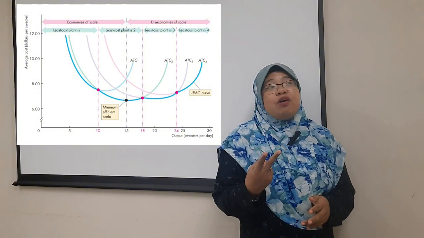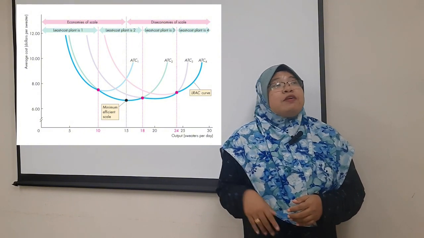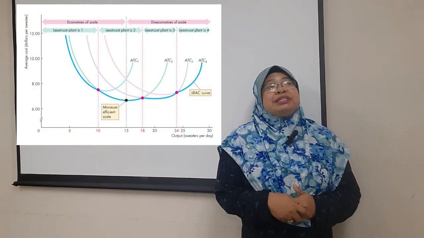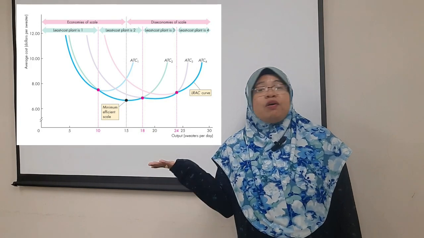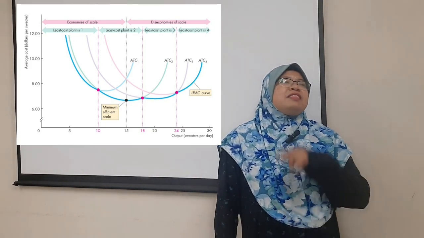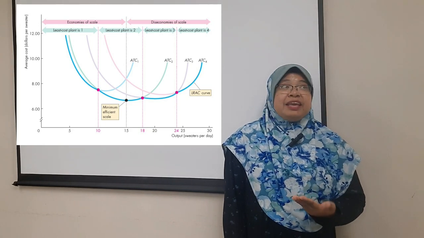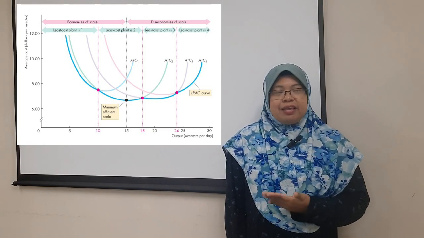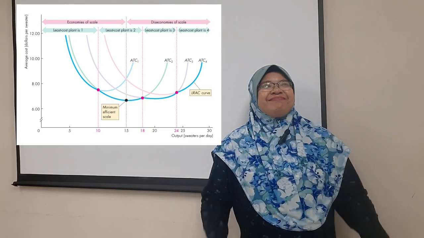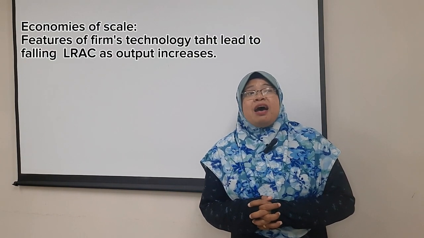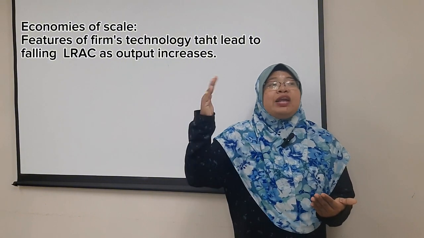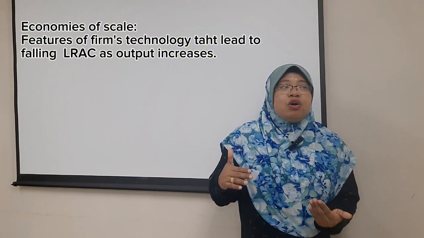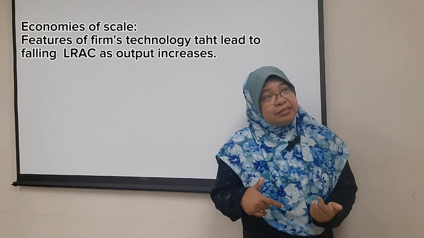There are 2 parts of the LRAC curve. The first part shows decreasing LRAC with economies of scale. And the other part shows increasing LRAC with diseconomies of scale. Economies of scale are features of the firm's technology that lead to falling long-run average cost as output increases.